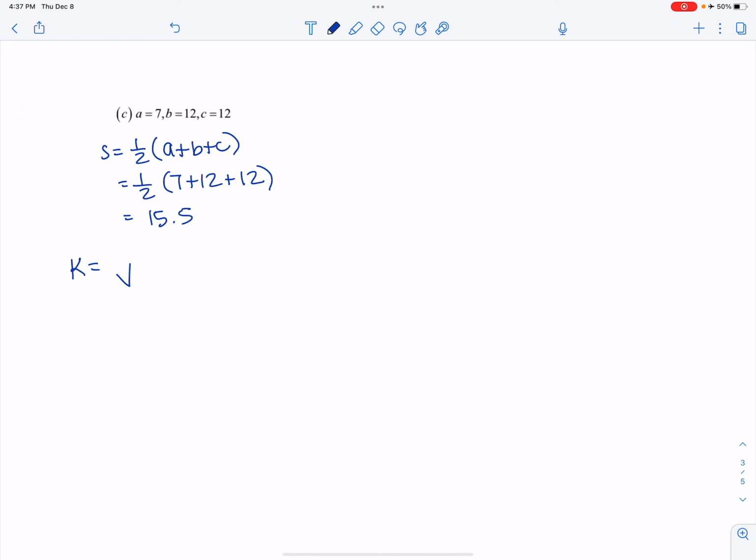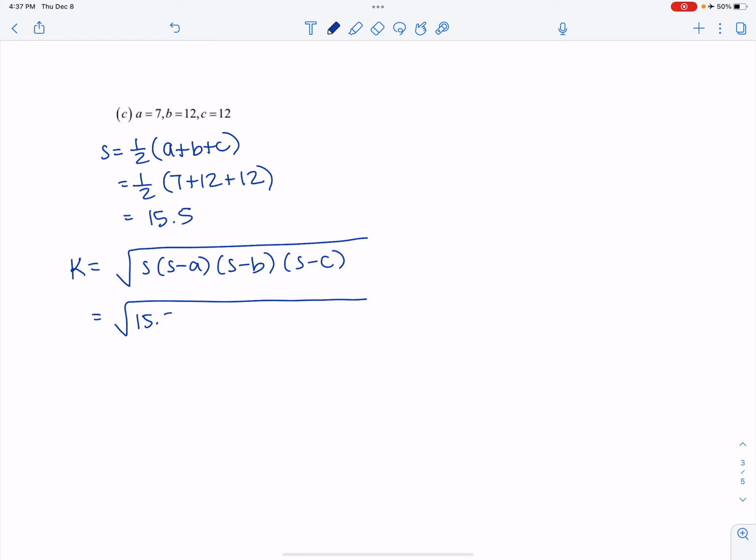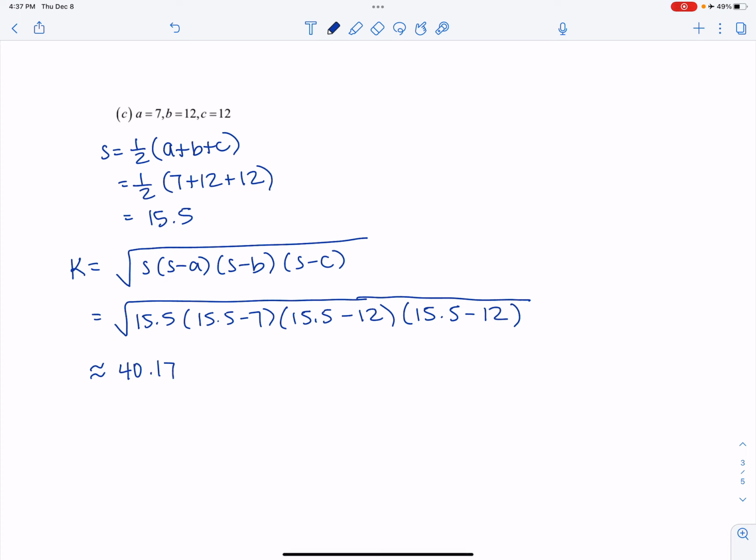Our area is the square root of S times S minus A, S minus B, S minus C. So 15.5 times 15.5 minus 7 times 15.5 minus 12 times 15.5 minus 12 again. And that's going to be approximately 40.17. And once you find the area, you're done.